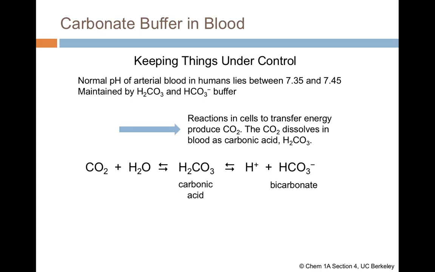This can be kind of a problem because reactions in cells that transfer energy to our cells, such as cellular respiration, produce CO2 as one of their products. And so this CO2 increase on the reactants side here will dissolve in the blood to make carbonic acid.